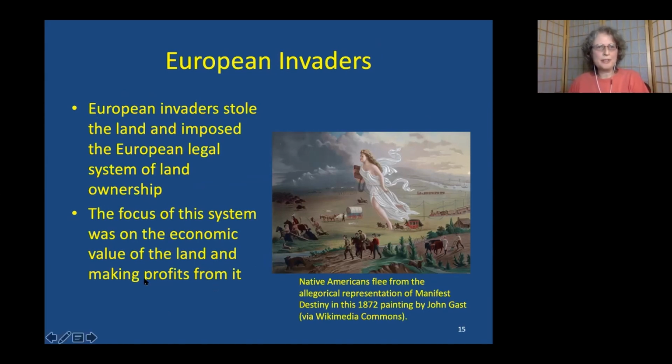The focus of this legal system was on the economic value of the land and making profits from it. And eventually, here's a picture of manifest destiny. The Europeans spread across North America and took most of the land and imposed this European paradigm.